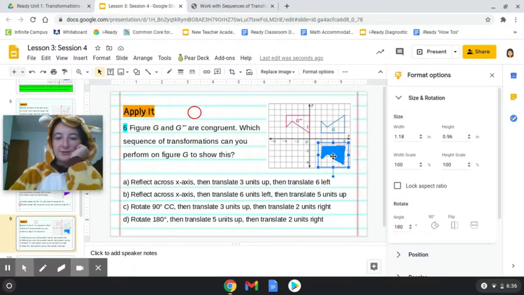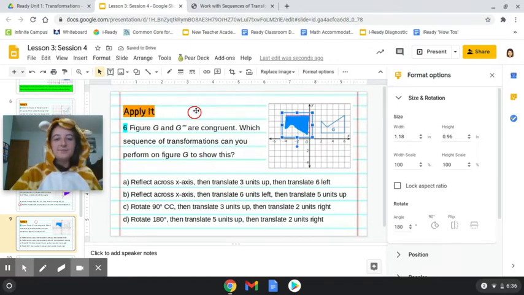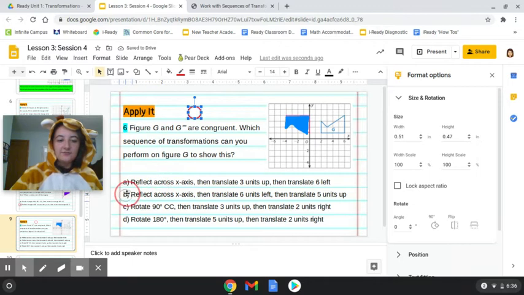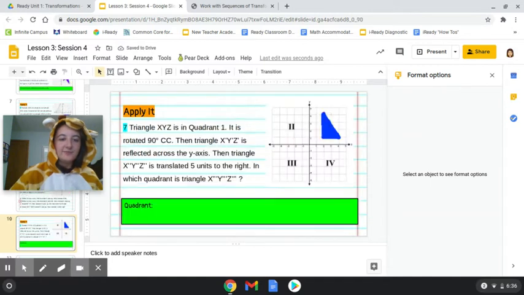So we can start by going 6 to the left. 1, 2, 3, 4, 5, 6. And then 5 up. So 1, 2, 3, 4, 5. So that should land on top of it. So that means B is correct, so B must be our answer.